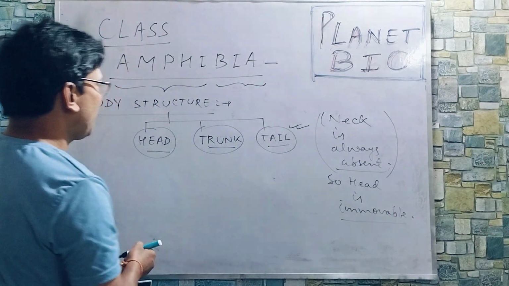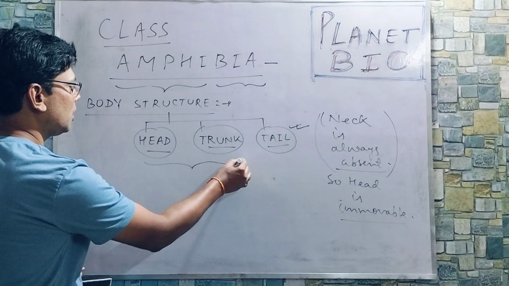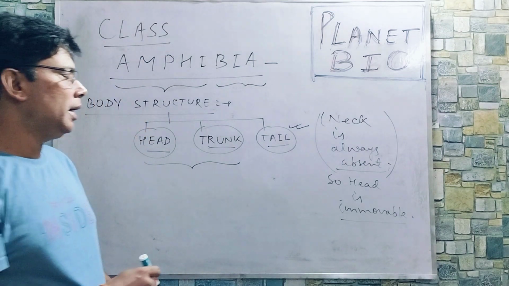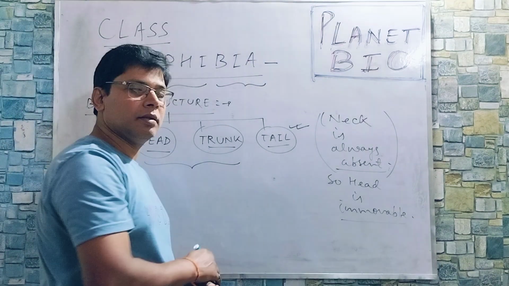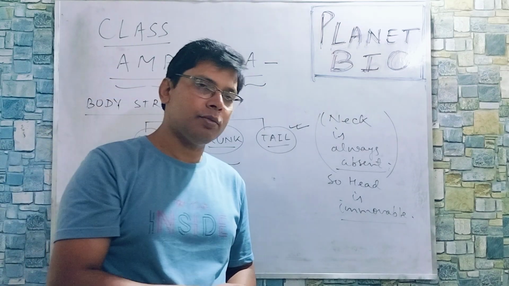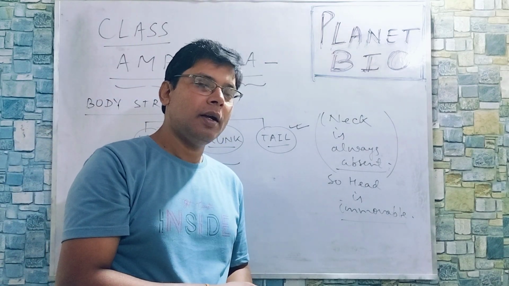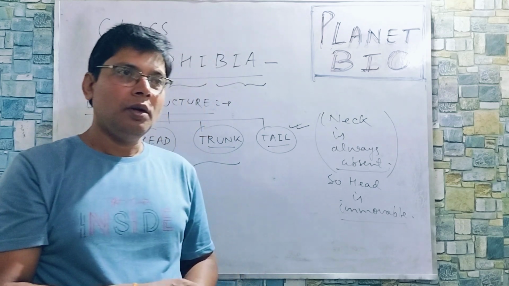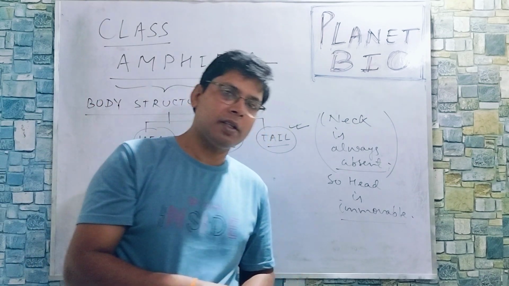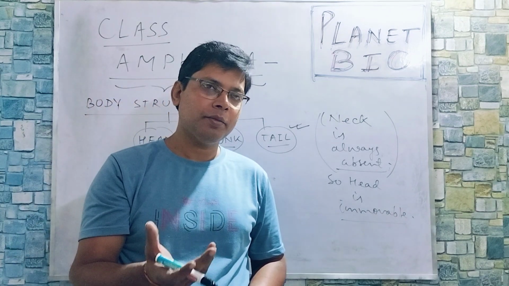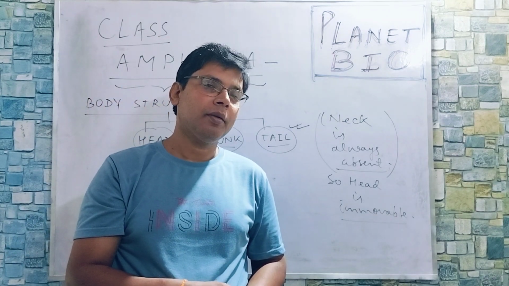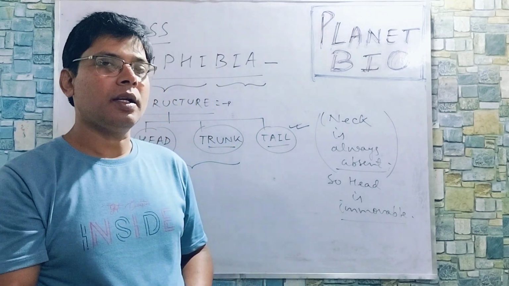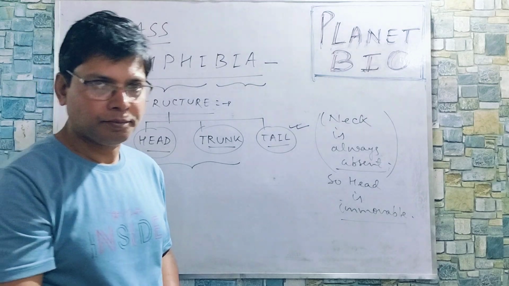Now, in frog, head and trunk are present. In salamander, you can see a tail. In the NCERT textbook, the figure of salamander looks just like a reptile, but it is a tailed amphibian.